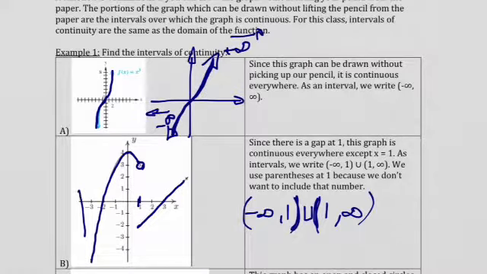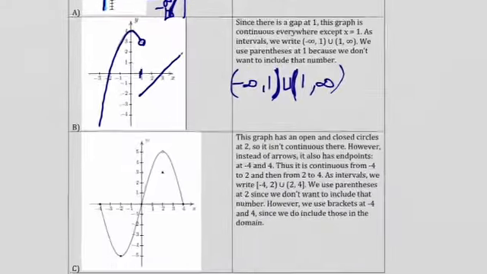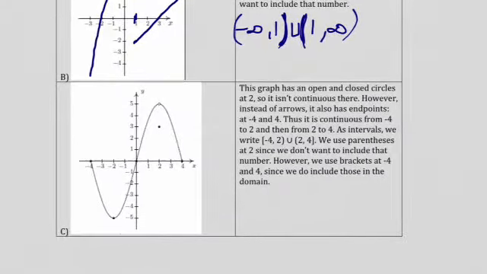Let me erase that, and let's look at the last example. This graph has an open circle and a closed circle at x equals 2. For that reason, it's not continuous right there at x equals 2.